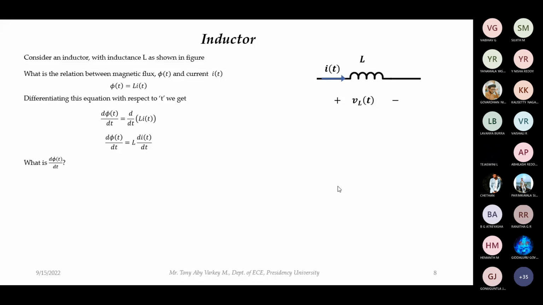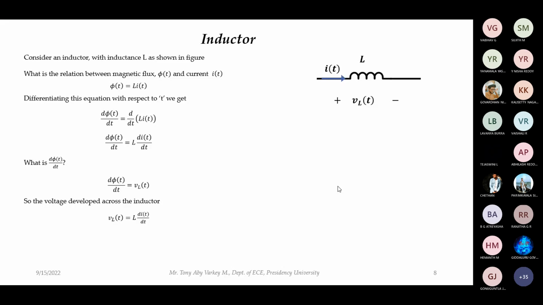So voltage across the inductor is nothing but the rate of change of magnetic flux linked with it. So d phi by dt is equal to VL of t, which means that VL of t is equal to L into di of t by dt. So voltage across the inductor can be written as L into di by dt. Clear? Voltage across an inductor is given by L into rate of change of current.